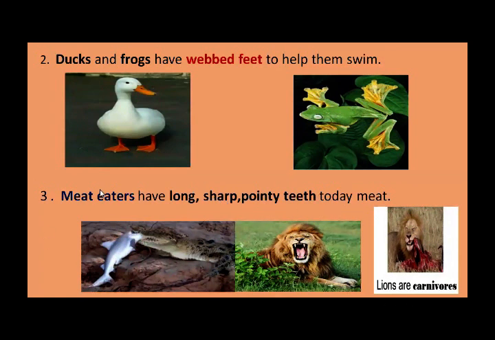And these are meat eaters. Beta, who are meat eaters? Carnivore. Okay, beta, examples of the carnivores are lions, cheetah, tiger. These all are meat eaters and carnivores. Meat eaters are carnivores. Remember this point, okay?